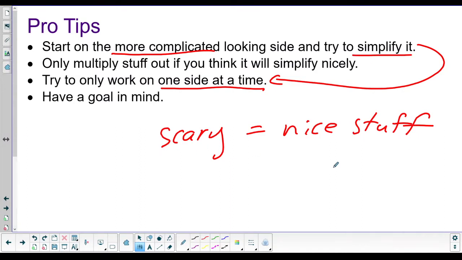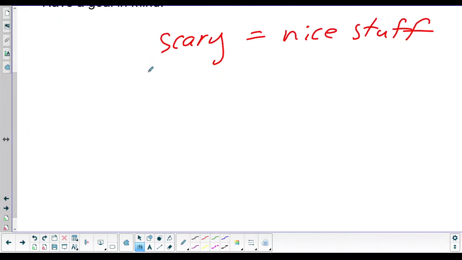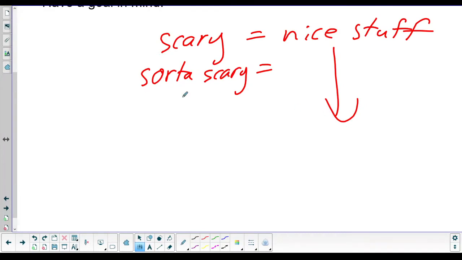When you're doing this on a piece of paper, you're going to take your scary stuff and turn it into sort of scary stuff. Then you'll put in equals and just leave this blank. We're going to just drop that thing down at the end. Then your sort of scary turns into not really scary.